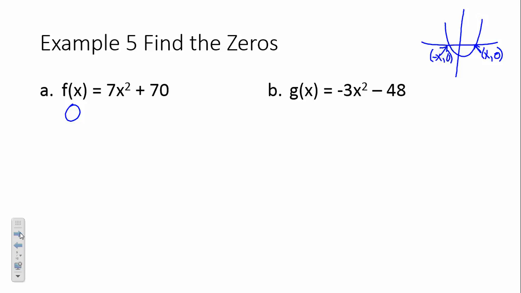Okay. So if I have 0 equals 7x squared plus 70, do I have a middle term? No x term, right? So we're wanting to get the x by itself. What's the first step? Perfect. Subtract 70.